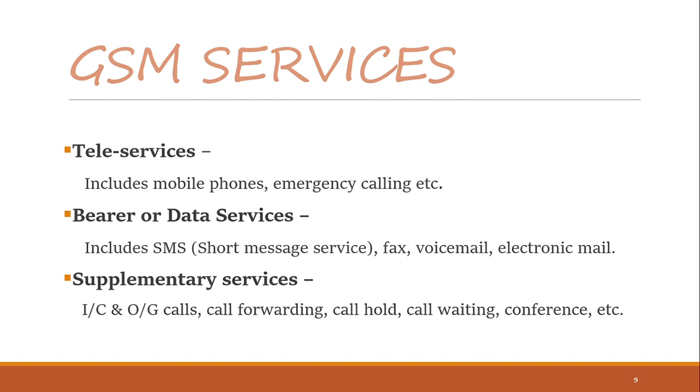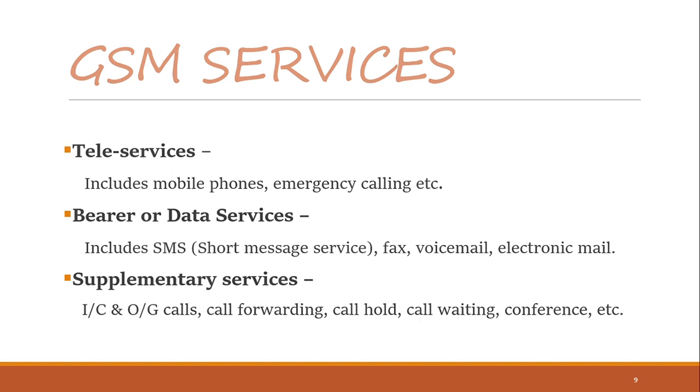Now, we are going to look at the various services that GSM offers. The first one is teleservices. It includes mobile phones and emergency calling. The second service is the bearer or data services. It includes various data services for information transfer between GSM and other networks at rates from 300 to 9600 bits per second.